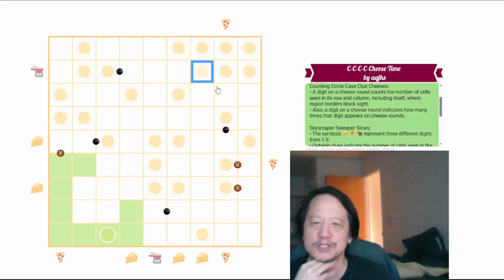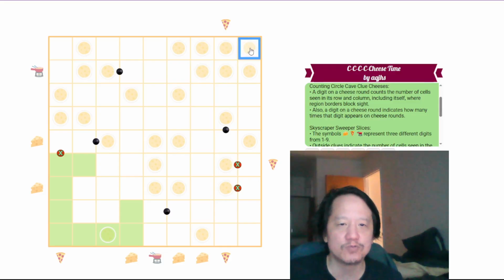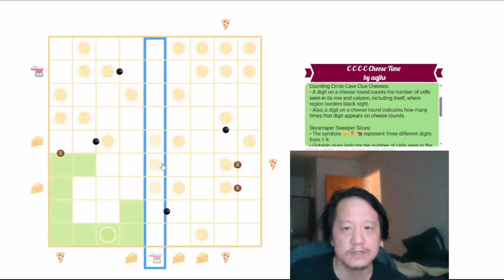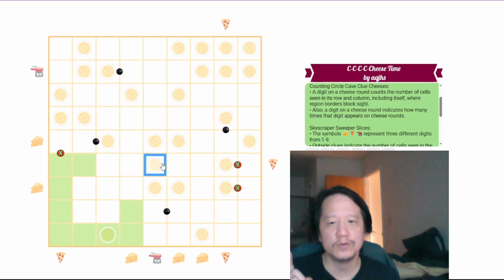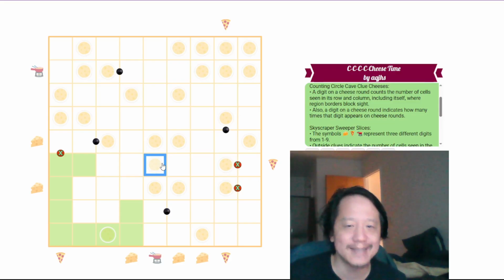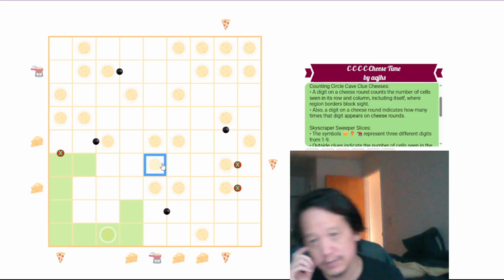I'm not sure what that's supposed to mean. It counts the number of cells seen in its row and column, including itself, where region borders block sight. Also, a digit on a cheese round indicates how many times that digit appears on cheese rounds.